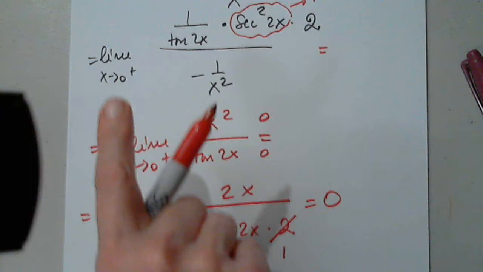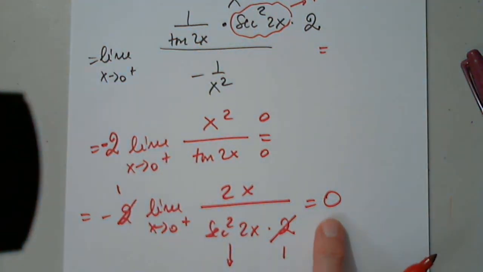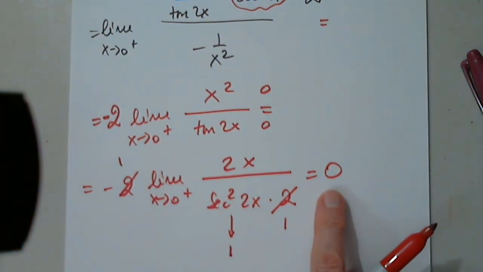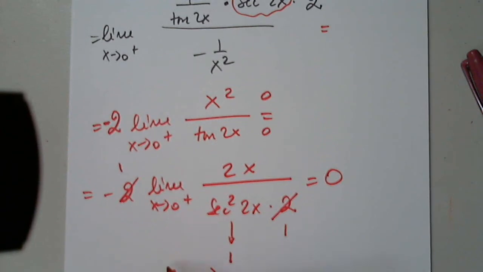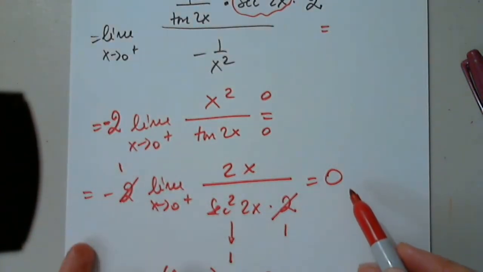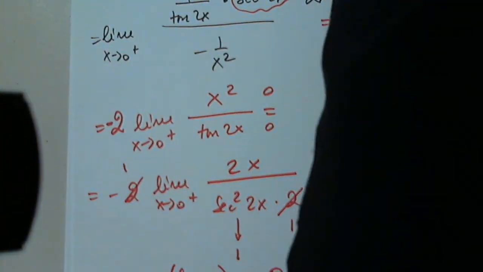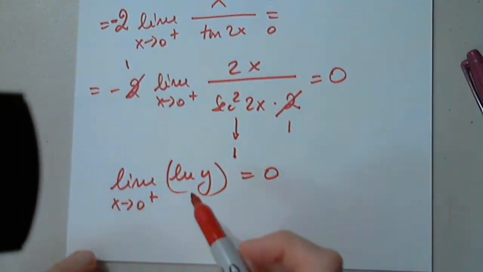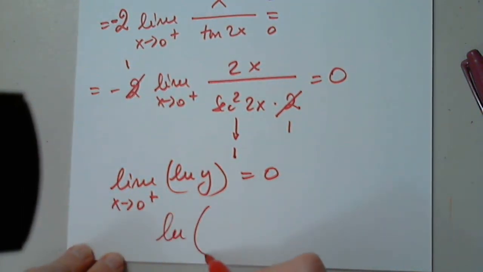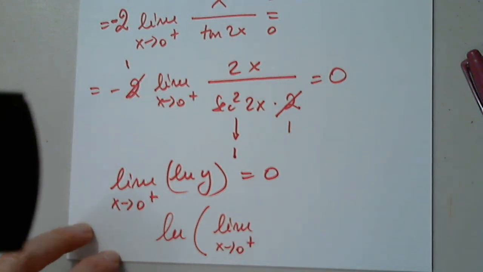Now I go to the very beginning. This is the only step when the limit operator is gone. So I copy limit as x approaches 0 from the right of natural log y, and I copy the last step. I swap the operators under conditions of continuity. I'm allowed to swap the operators, and I will say natural log of limit as x approaches 0 from the right of what?